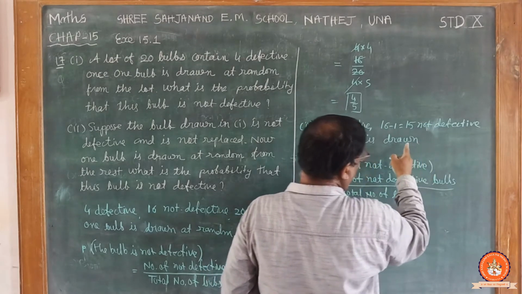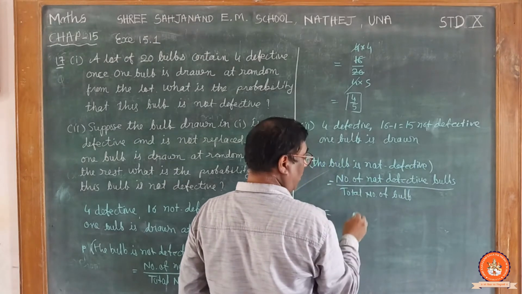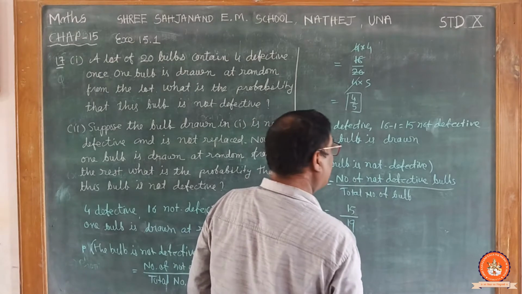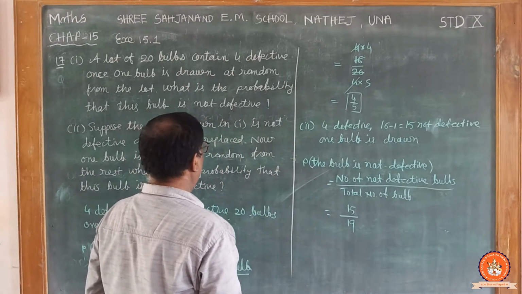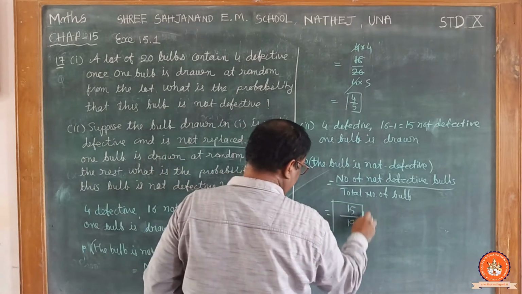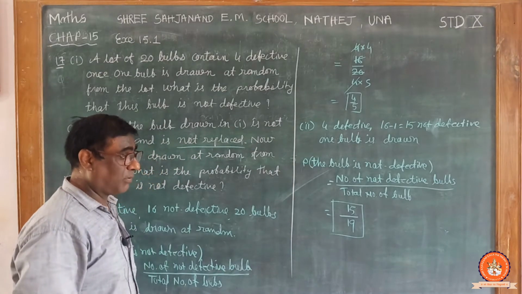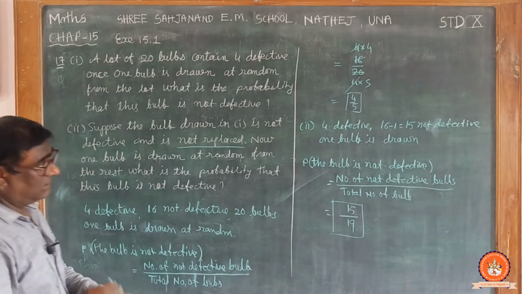Now here the total number of bulbs will be 19. So the non-defective is 15 and total is 19. One bulb is drawn, it's not replaced. Okay. So the second time, the probability of getting a non-defective bulb is 15 upon 19.